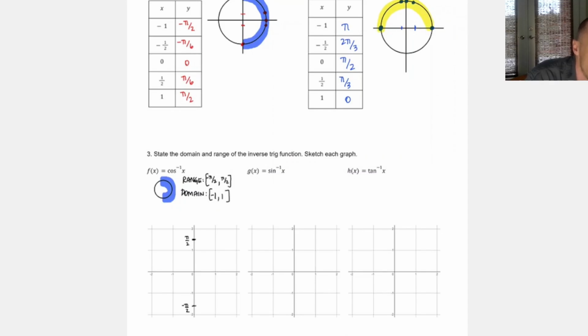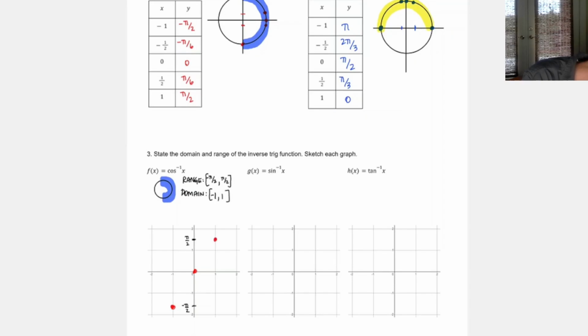When x equals -1, y equals negative pi over 2. When x equals 0, y equals 0. And when x equals 1, y equals pi over 2.